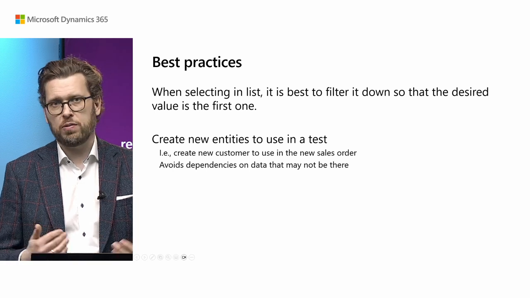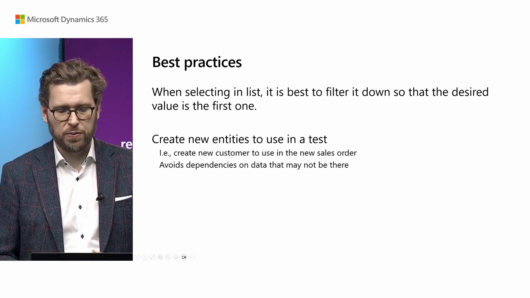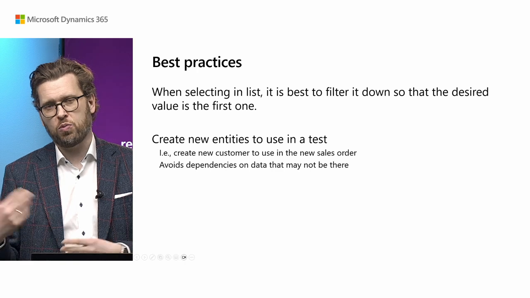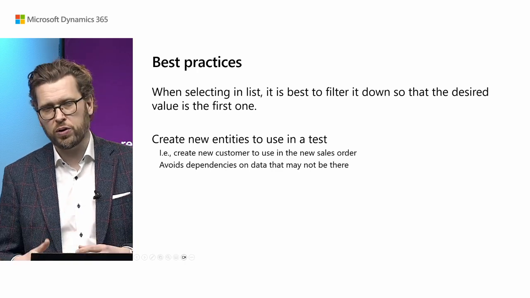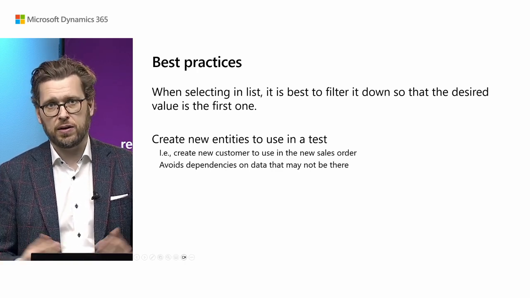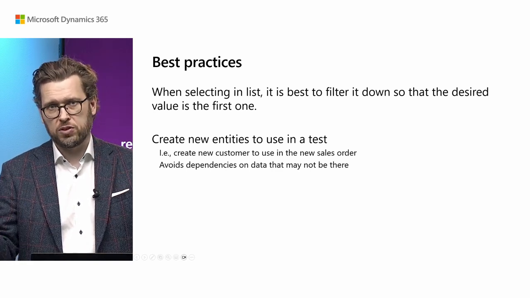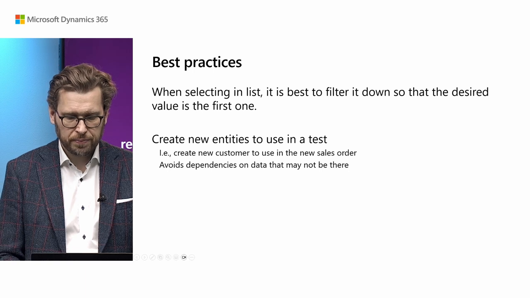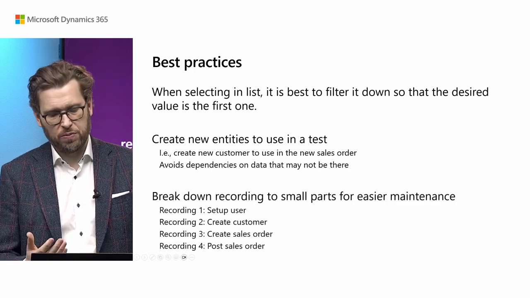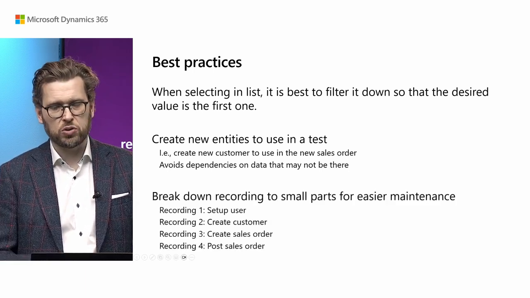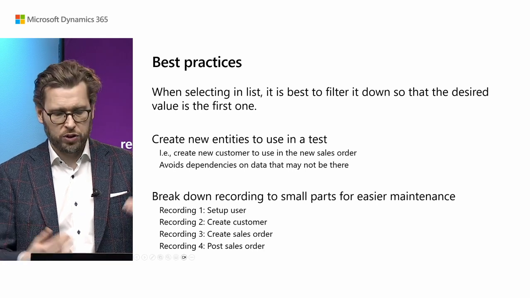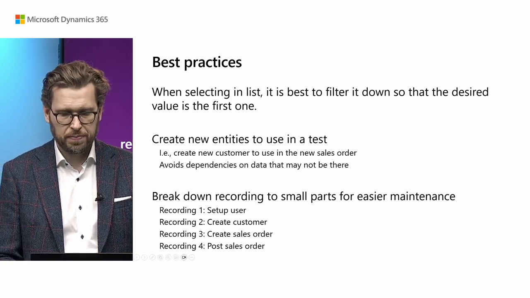And this is also a scenario where that suite concept that I talked about before could come in handy, where you make one recording for creating the customer and one recording for using a customer in the sales order, and then you create a suite tying those together, right? And that's basically what I just said here, that it's also good to break down the flow in smaller pieces.